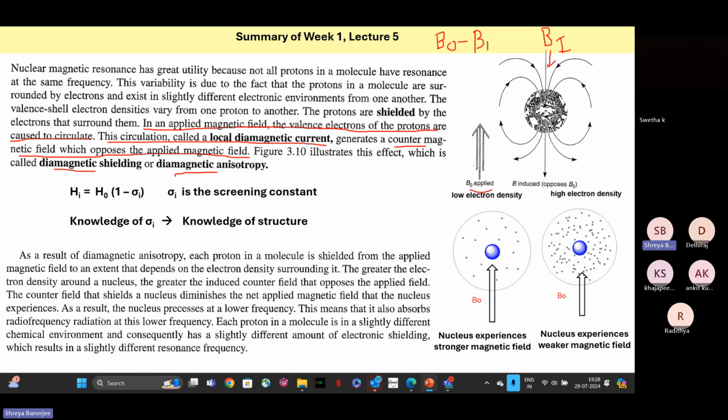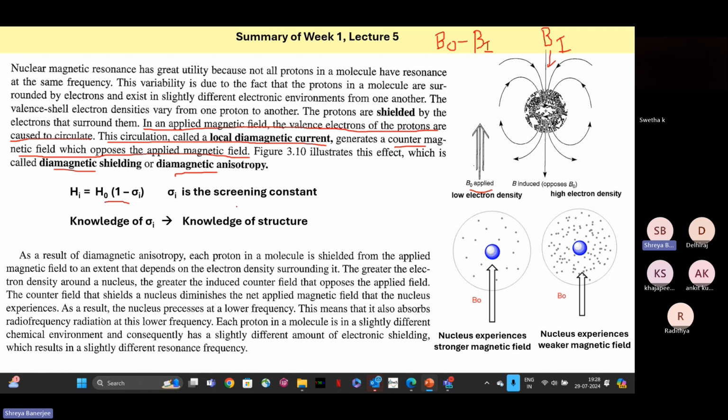So the nucleus will observe a net field of B0, the applied field, minus Bi, the induced field. And here B has been written as H. It can be written as H0 (1 minus sigma I), where sigma is the screening constant. So basically B0 minus Bi has been written as H0 (1 minus sigma I).